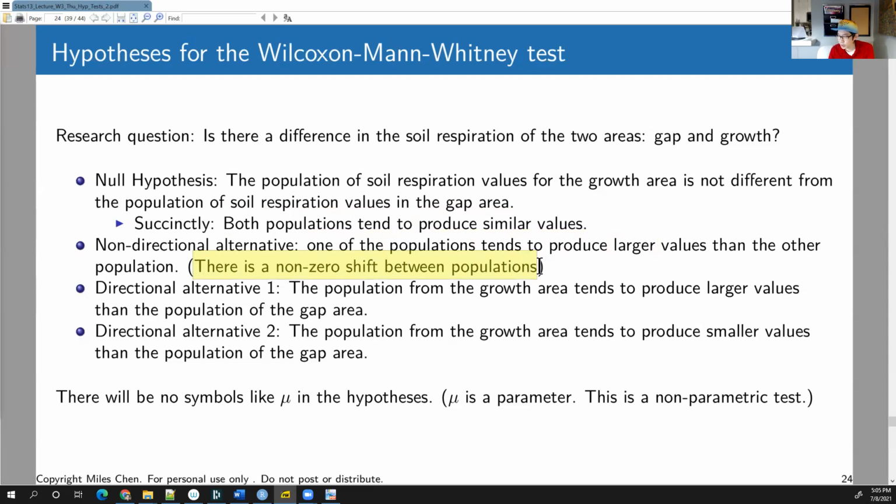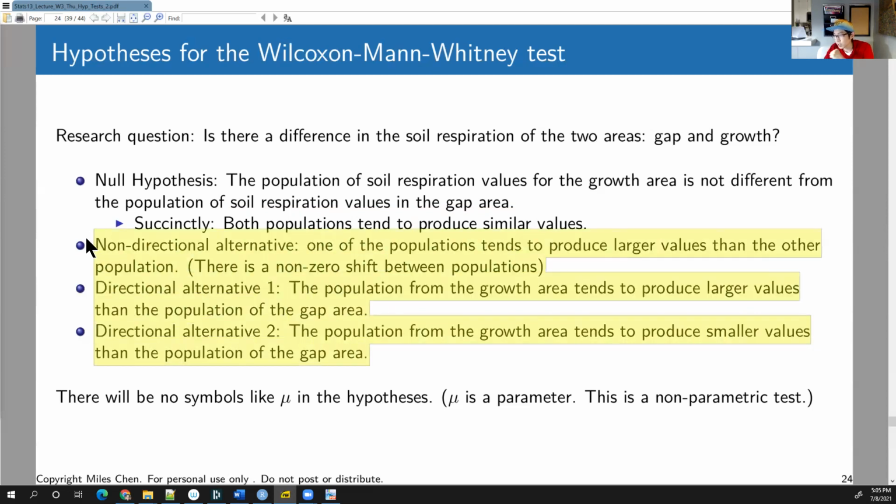You could have directional alternatives, that the population from the growth area tends to produce larger values than the population from the gap area. Or you could say the population from the growth area tends to produce smaller values than the population of the gap area. So these would all be suitable alternatives. And you'll notice that none of these alternatives make use of the term mean or some kind of parameter.